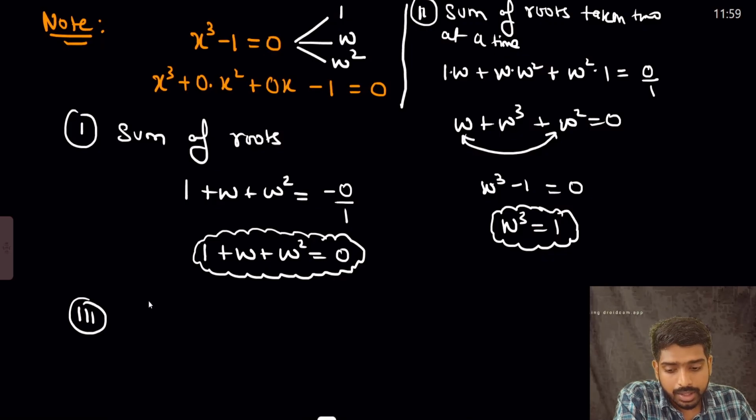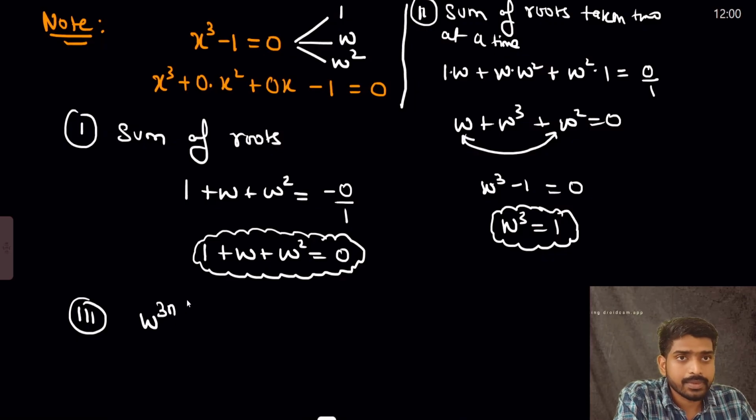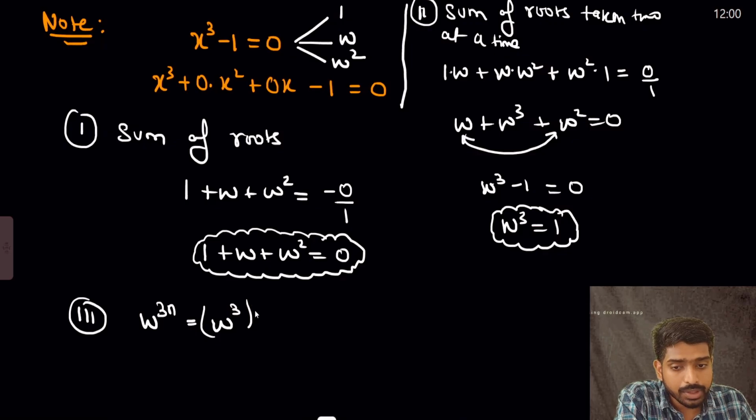The third note point is, if we do omega raised to the power any multiple of 3, omega cube to the power n, omega cube we just now proved equals 1, always will be equal to 1. Omega raised to the power any multiple of 3 will be 1.